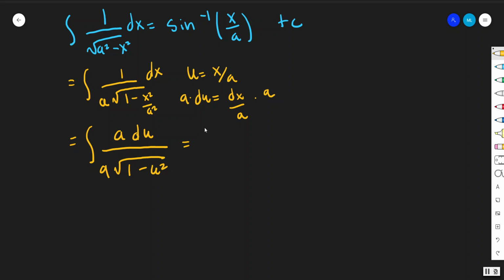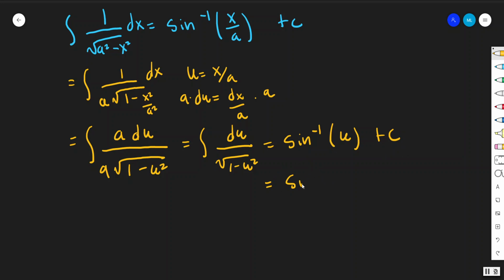In this case, that's just the integral of du over the square root of 1 minus u squared, which in fact is sine inverse of u plus c, and then that's going to be sine inverse of x over a plus c.